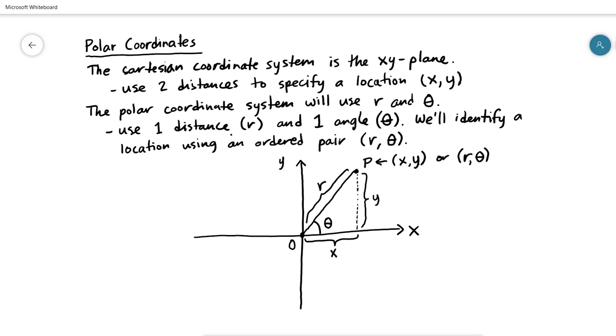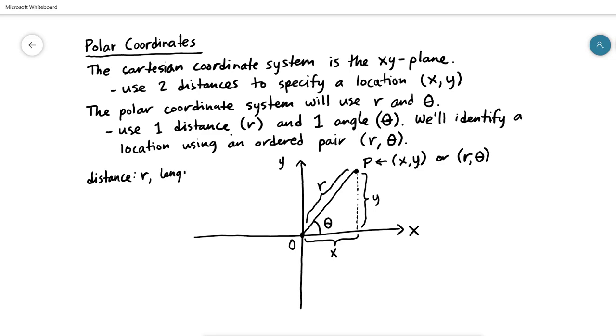So again, we're basically giving a distance and a direction now. So our distance is r, and it's basically the distance from the origin to the point.